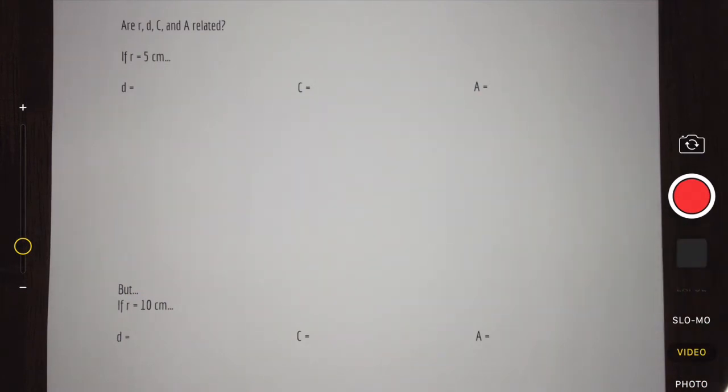Then I want you to figure out, if that circle had a radius of 10, what would its diameter, circumference, and area be? So that's part 1. But part 2 is to then compare your answers and look for some patterns in how the numbers change. And we want to think about why that possibly is and why that might actually happen. So take a moment and try those on your own.